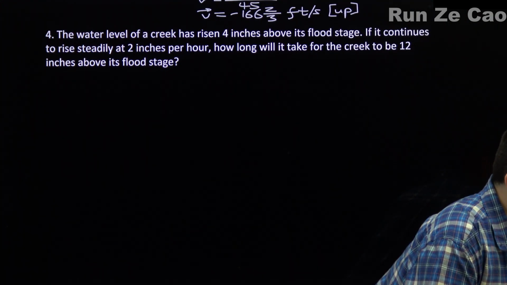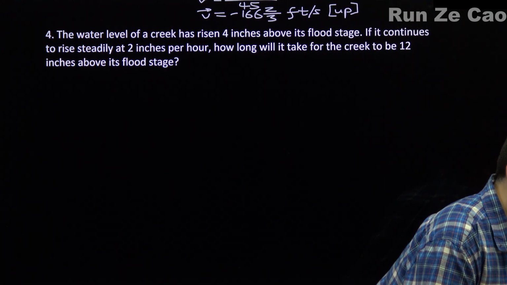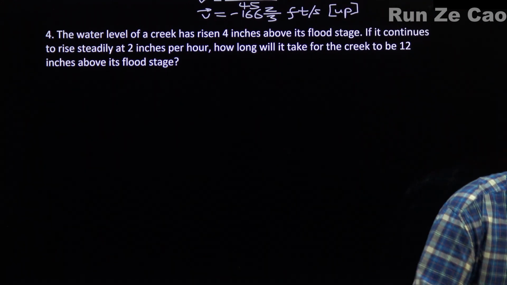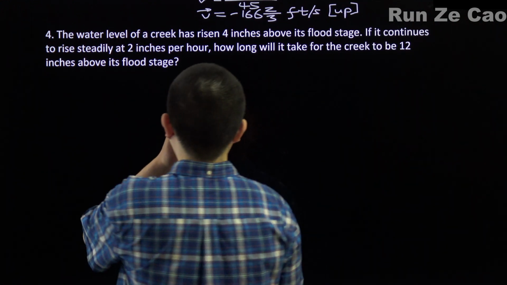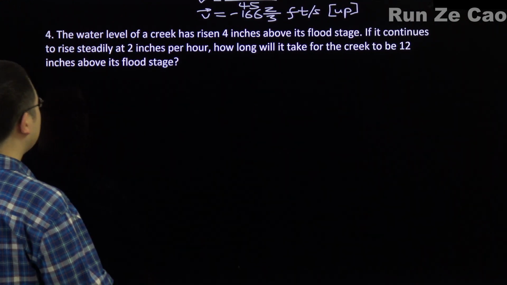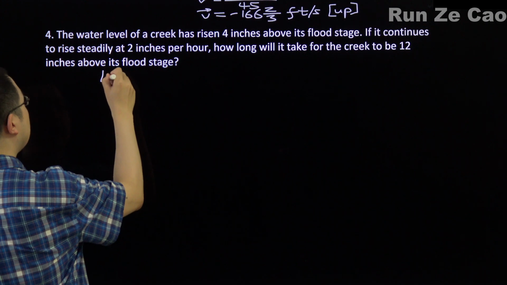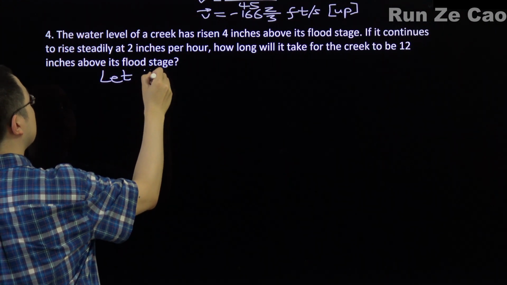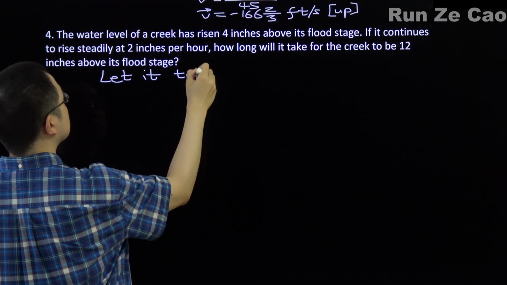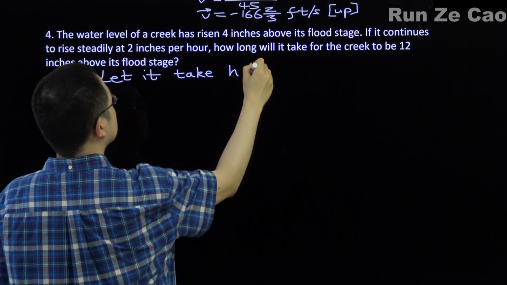So, the water level of a creek has risen 4 inches above its flood stage. If it continues to rise steadily at 2 inches per hour, how long will it take for the creek to be 12 inches above its flood stage? Let it take h hours.